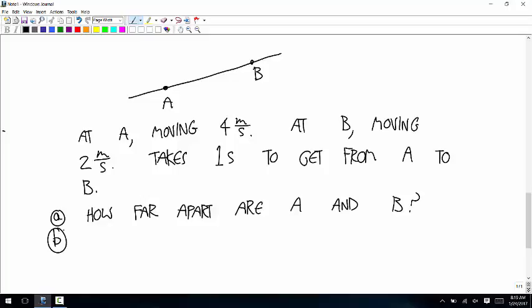And second, what's the acceleration? Okay, go do it on the board.